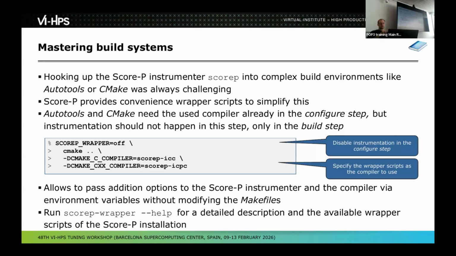So during the CMake step, you can deactivate the wrapping and just run it as ICC. Then in the make step, you run it with the wrapper, and you get scorep-icc as an instrumented statement. You can also pass additional parameters via environment variables to the compile step.